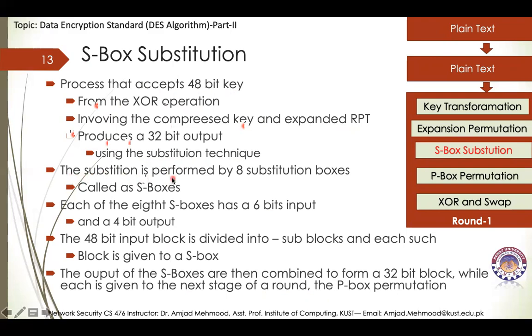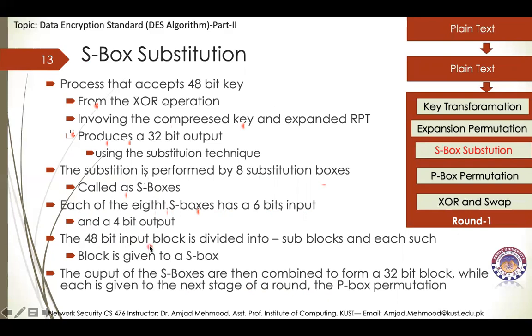The substitution is performed by 8 substitution boxes called S boxes. Each of the 8 S boxes has a 6-bit input and a 4-bit output. I'll be showing this with the help of a diagram on the next slide.